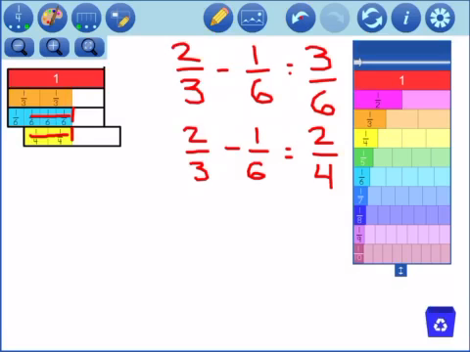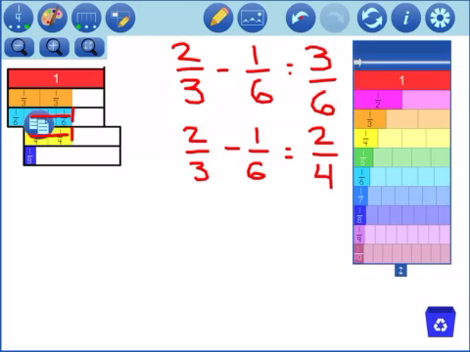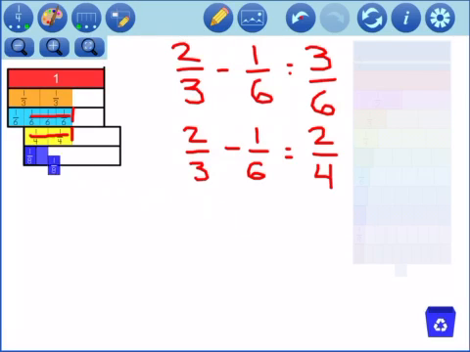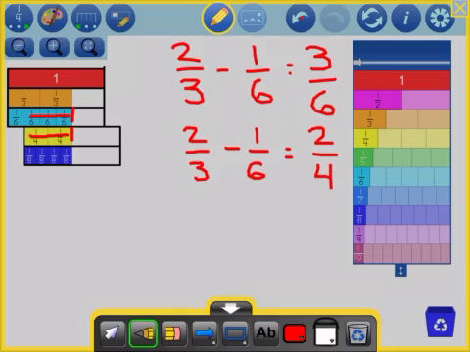Let me try something else. Let me try an 1/8. See if I can fill that same space using 8s. Now remember, it has to be filled in completely. Oh, now look at that. It fills in that same amount of space.